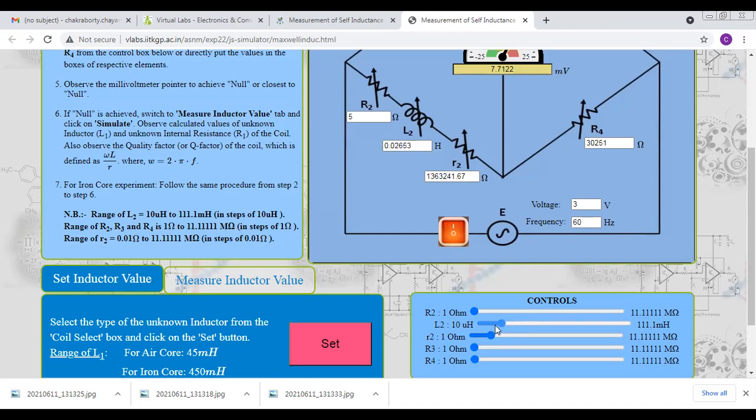Look, 7 is almost there. We are changing so many values. Look, how many changes there are, but there is none.